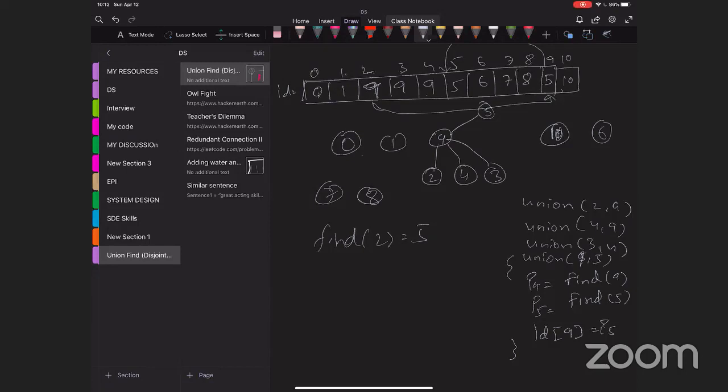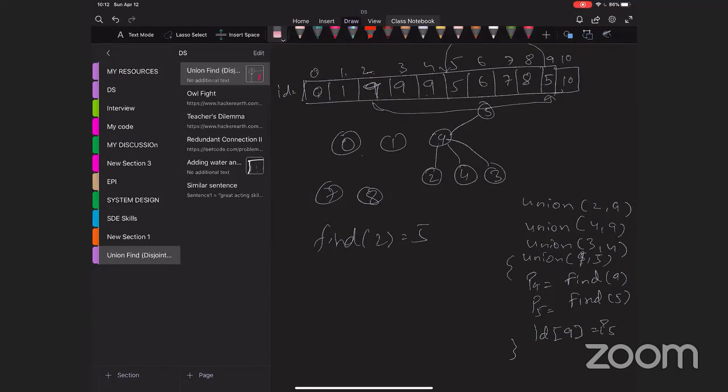I saw examples for union find that depended on the weight of the union. Yes, we are going to go there. Okay, so this is when it comes to the order of the relationship.